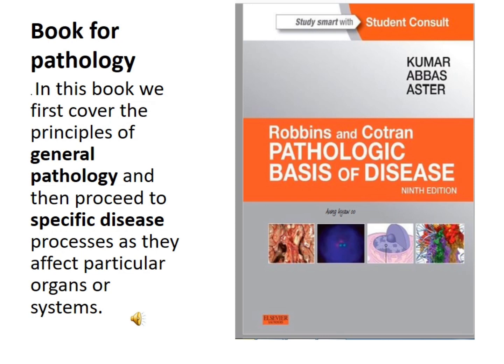Now this is the book for pathology which you are going to study. Robbins and Cotran, Pathologic Basis of Disease. In this book, we first cover the principles of general pathology and then proceed to specific diseases, organ or system related.